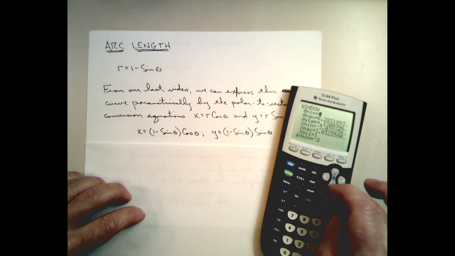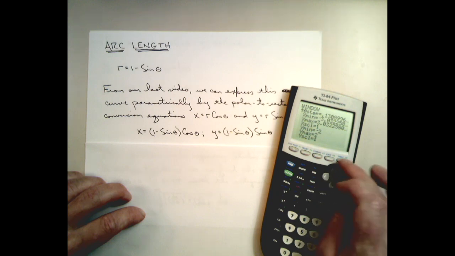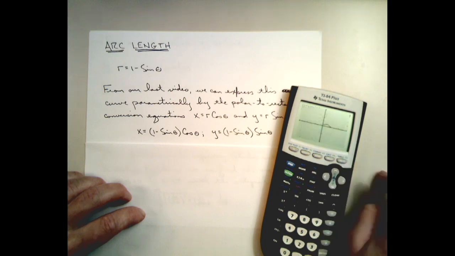That's going to be fine. My y values I'm going to need as low as -2 and as high as, well, certainly 2 is plenty high. So that should be good. Make sure your window is set and then ask it to graph. And there it is. There's the graph of 1 minus sine theta, the heart that we get.